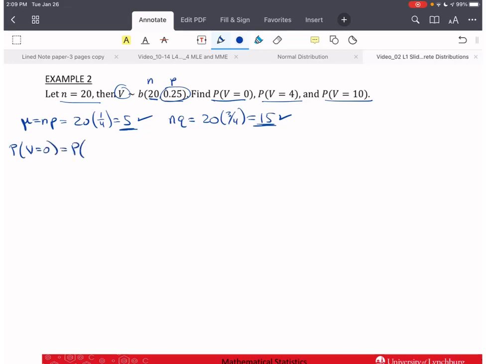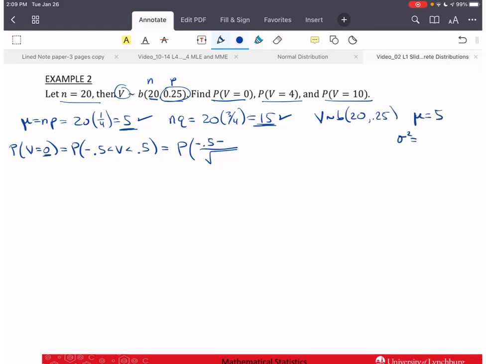This is the probability that V is between negative 0.5 and positive 0.5. We're subtracting a half and adding a half to K, and then we're going to do our transformation. We take negative 0.5 minus the mean divided by the standard deviation. Here V is binomial 20 and 0.25, and mu we calculated as 5.